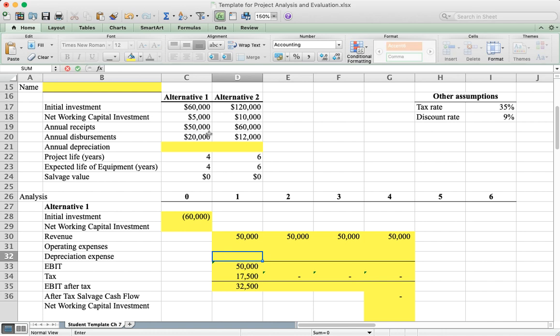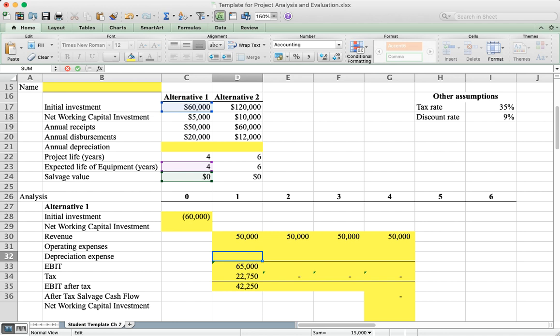So equals my initial investment, and then I'm going to subtract out any salvage value. I need that in parentheses, and then I'm going to go ahead and divide it by the expected life of the equipment, and I'm going to hit enter, but then I need to come back in here and make sure it doesn't change from column C, because I need to copy this across.